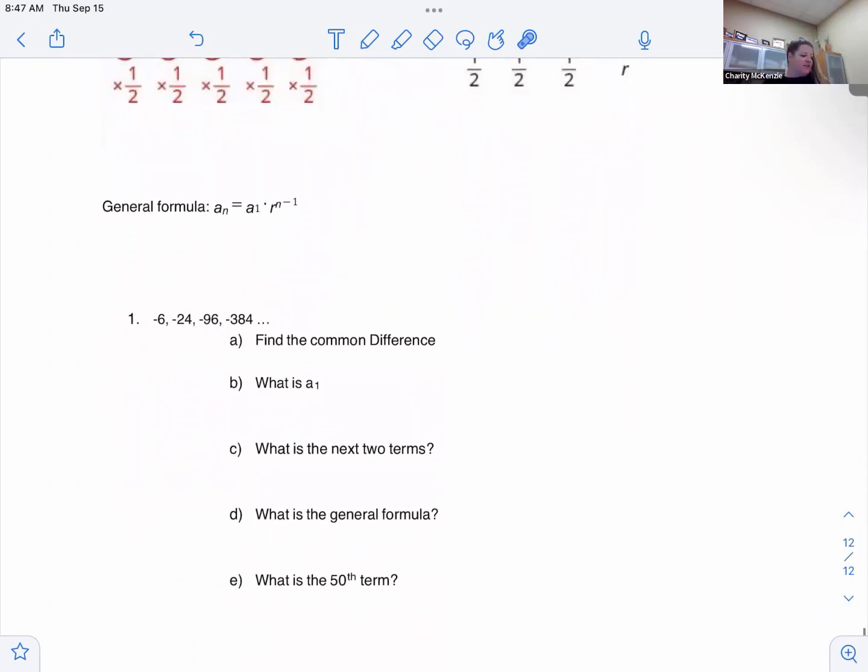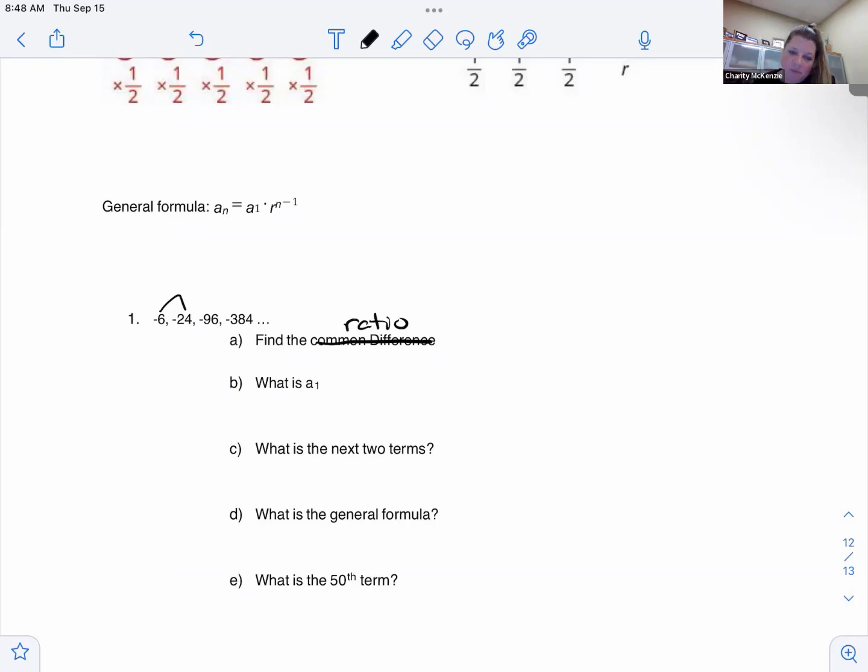All right, let's look at this first geometric sequence. So find the common difference. This should really say ratio. Okay, what is the ratio? Well, I'm going from -6 to negative 24. Definitely not subtracting or adding the same number each time.